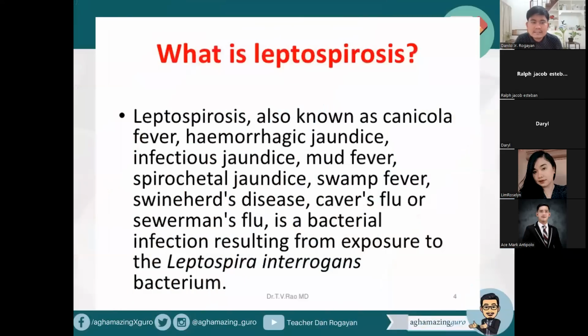Okay? So next, what is leptospirosis? It's also known as canicola fever, hemorrhagic jaundice, infectious jaundice, or mud fever. So many names. It's a bacterial infection resulting from exposure to the Leptospira interrogans bacterium. So if you see a board exam question on leptospirosis bacteria, it's Leptospira interrogans.